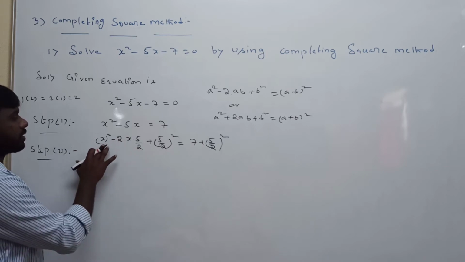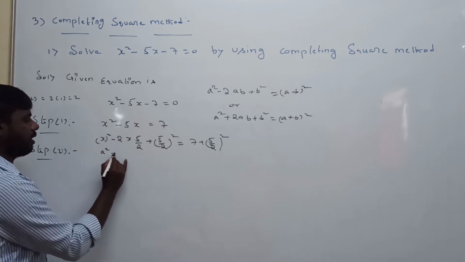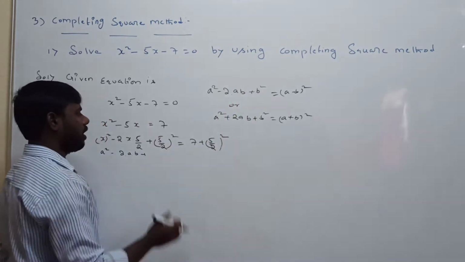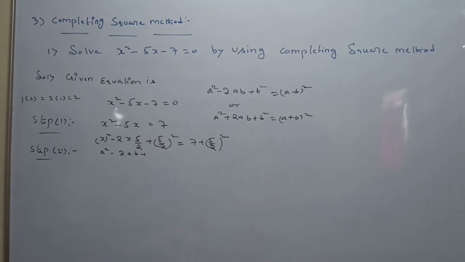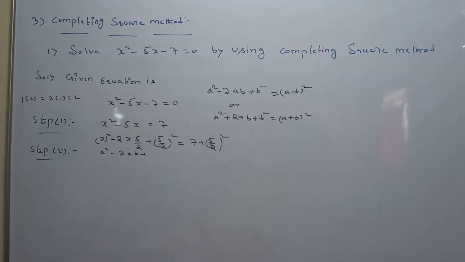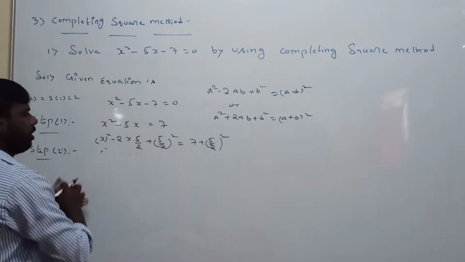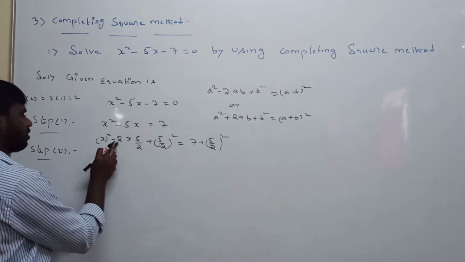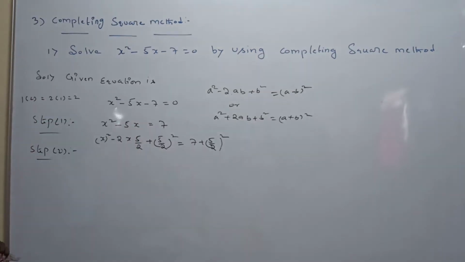Now we get a square minus 2ab. Next, plus b square is not there, so what is b? b is 5 by 2, so we add 5 by 2 whole square on both sides. Everyone understood? You get the same value. We are simply assuming this because we want to complete the square.